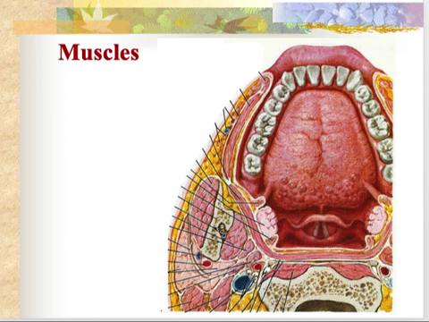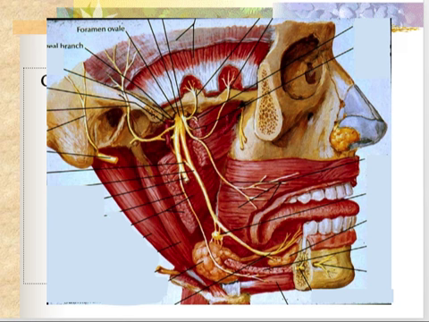And just a few other little features that we should remember. There are lots of nerves in this region as well. The major nerve that supplies sensation to the face and external surface of the cranium is the trigeminal nerve.